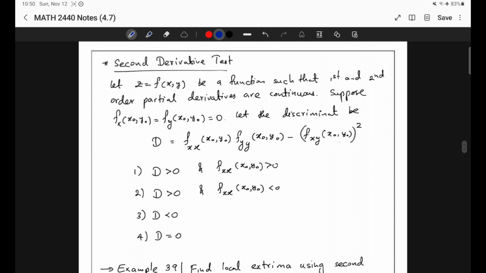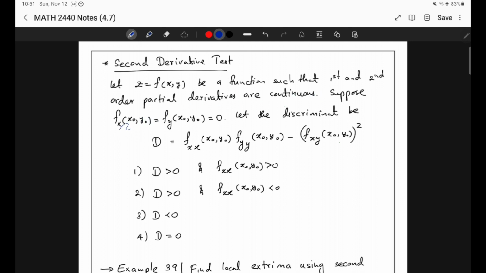Now, in contrast to what we learned in Calc 1, this is a little bit lengthier because it has more options. Okay, so let's go to it. Consider the function f of x, y, where its first and second order partial derivatives are continuous.